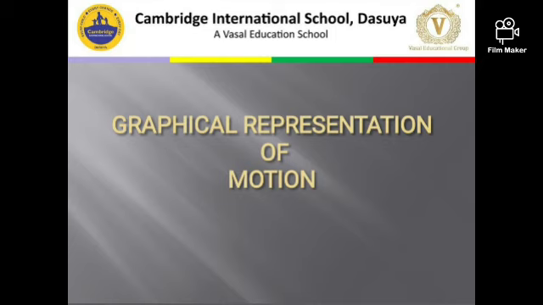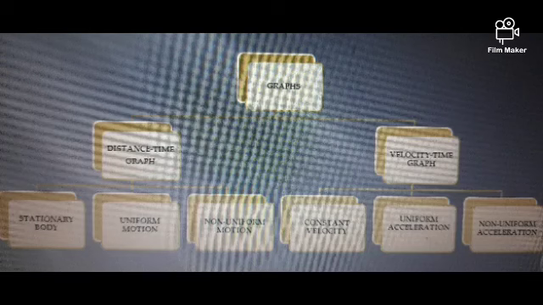Now let's do the graphical representation of motion. In this chapter, we will basically be doing two kinds of graphs. One is the distance time graph and one is the velocity time graph. The distance time graph is further categorized in three parts: the distance time graph for a stationary body, for uniform motion, and for non-uniform motion.